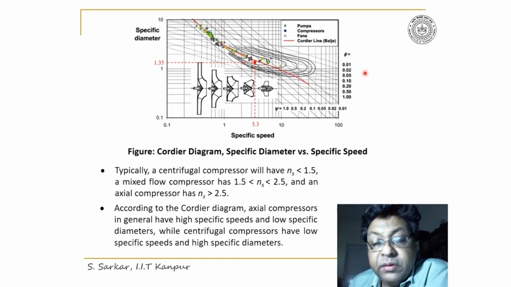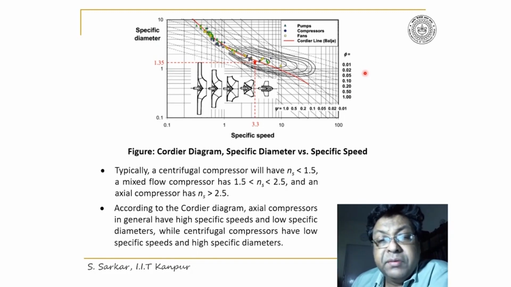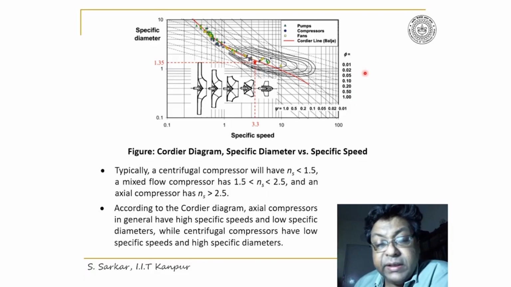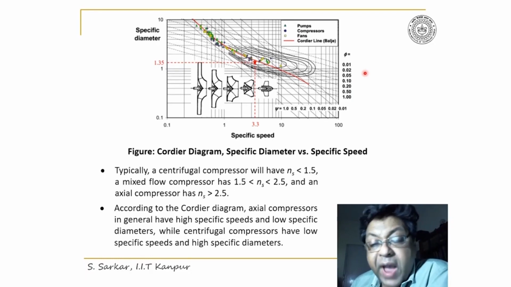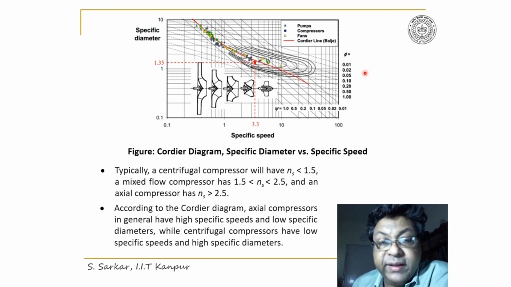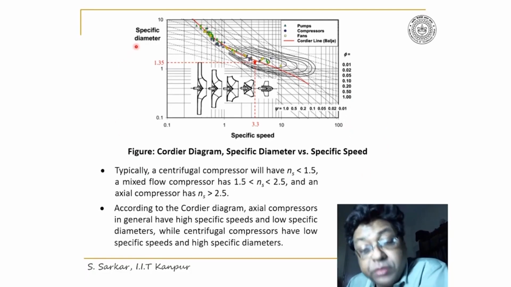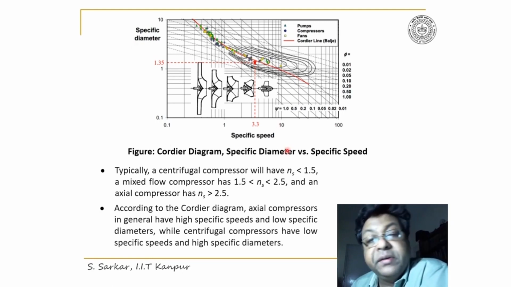In reality, we have designed large numbers of turbomachines, and if we select the very good designs which have given almost maximum possible efficiency in that zone, then we'll realize that the specific diameter of those machines and specific speed are correlated, and that correlation is given by the Cordier diagram.